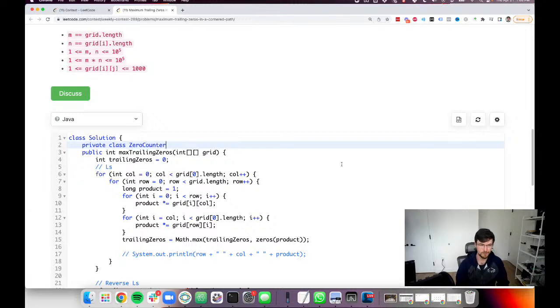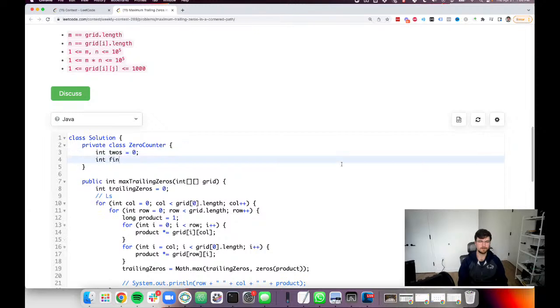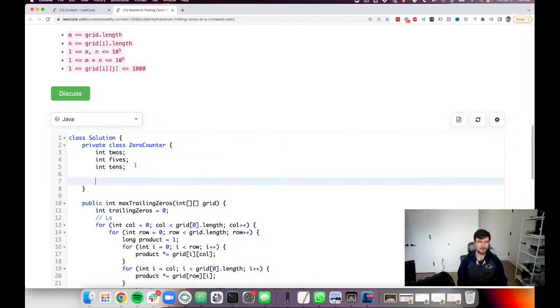And here's what I'm going to try. So our 0 counter is going to have a... this is basically all I need to keep track of, and then I'm going to have a... I'll initialize it.